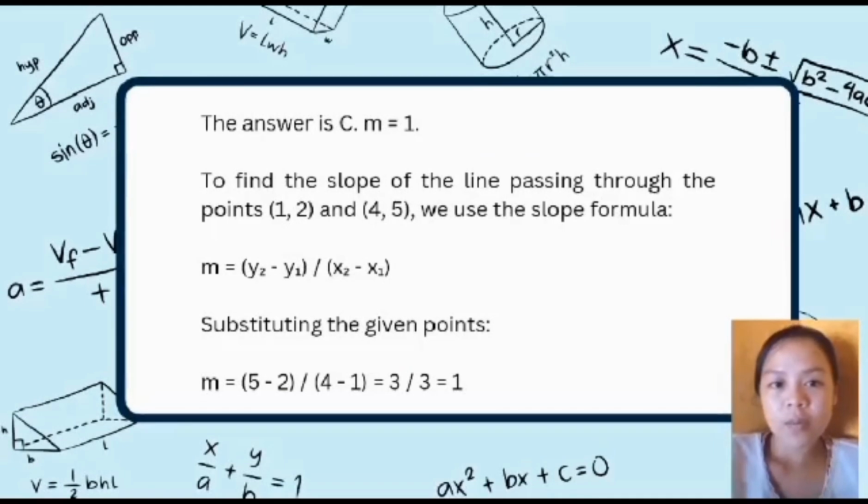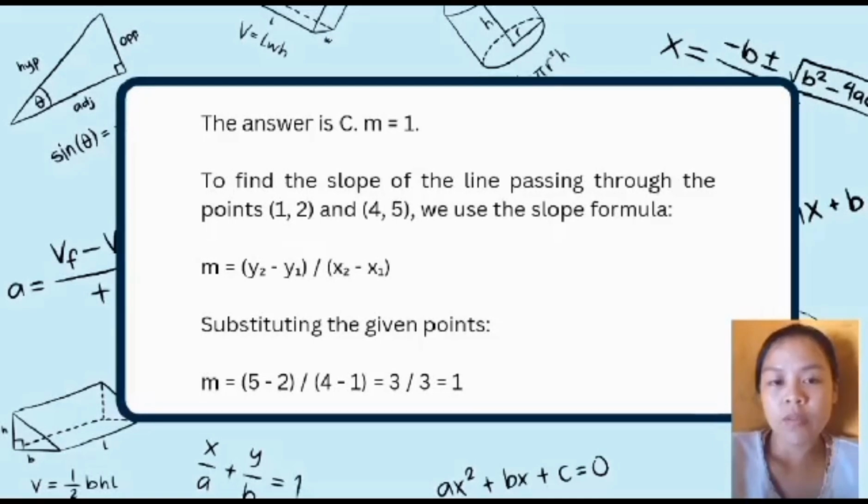To find the slope of the line passing through the points (1, 2) and (4, 5), we use the slope formula. We have m equals y sub 2 minus y sub 1 divided by x sub 2 minus x sub 1.